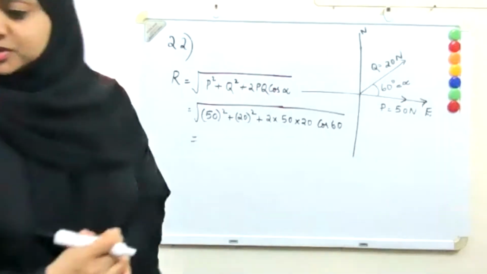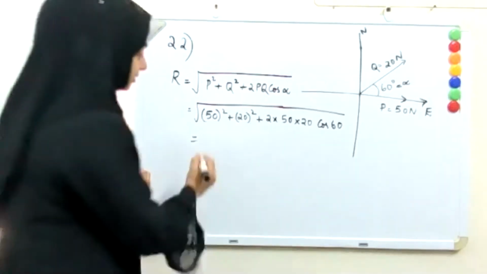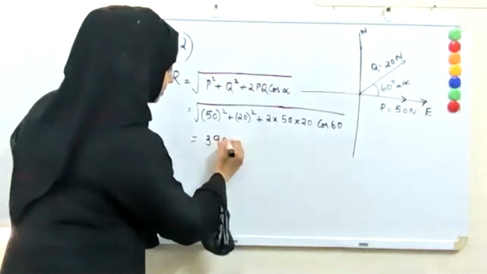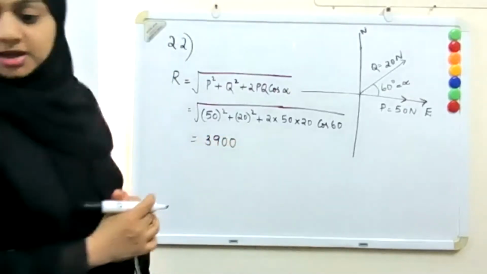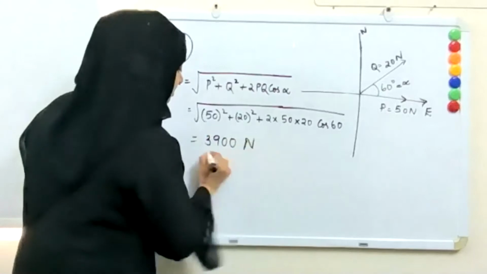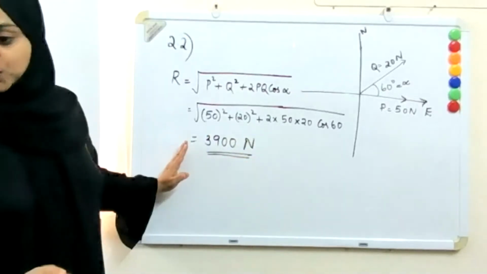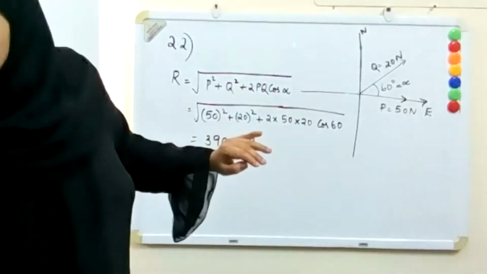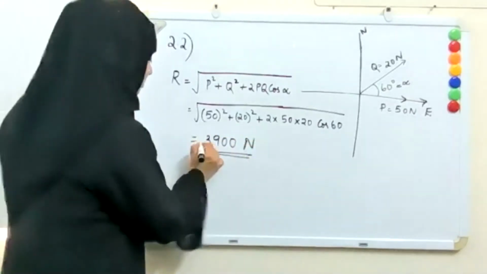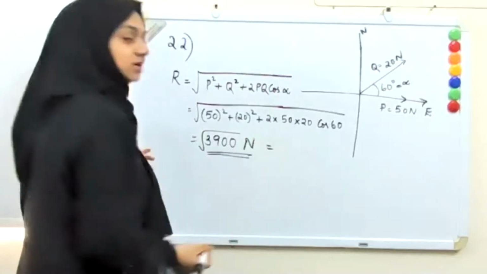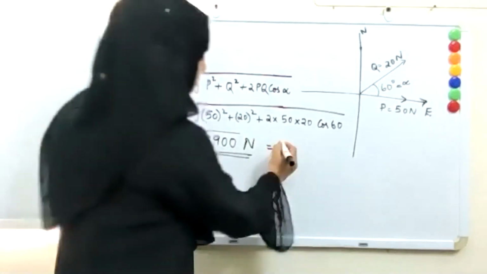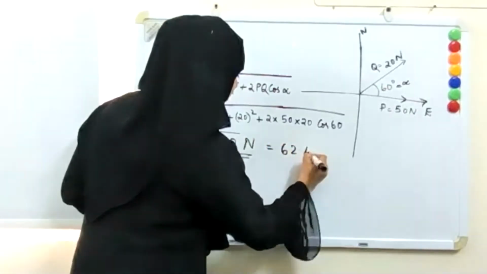And the result is 3900 Newton. Oh, no, root of this quantity, which will be, I was wondering how this much. This is equal to 62.45 Newton.